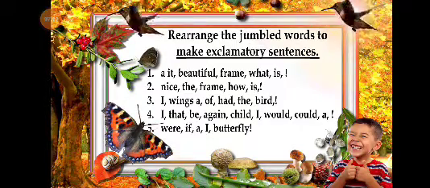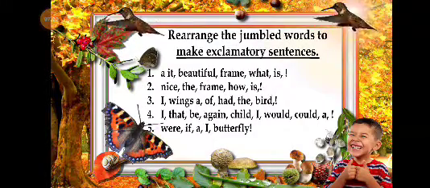Number 2, nice the frame how is. Number 3, I wings a of had the but. Number 4, I that be again child I would could a. Number 5, where if a I be I butterfly.